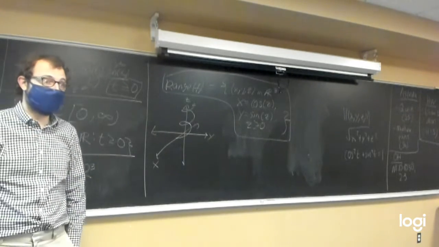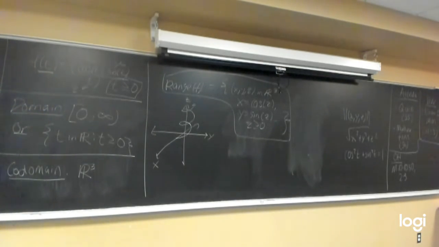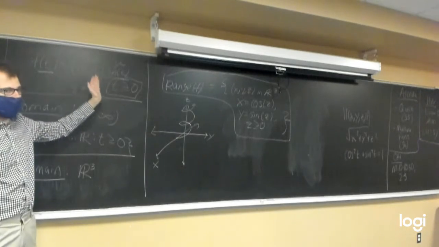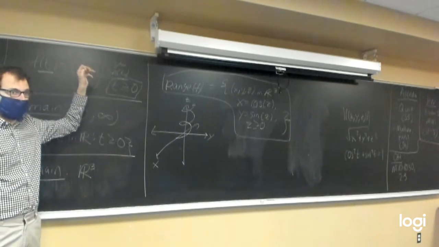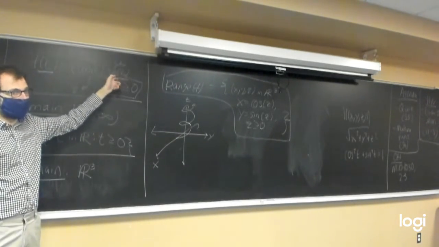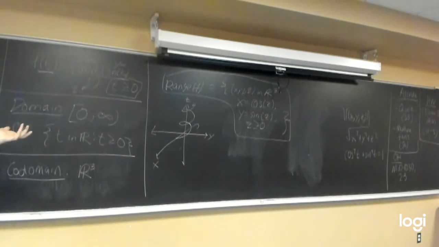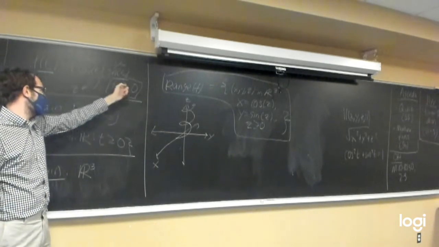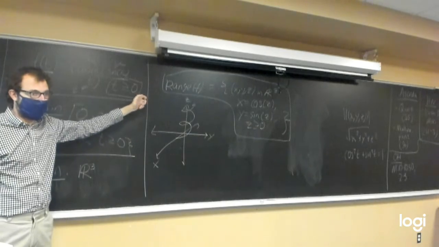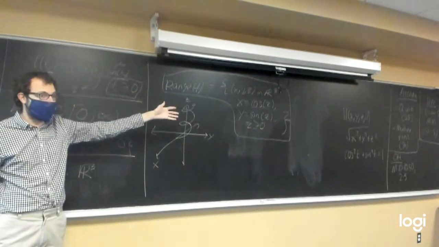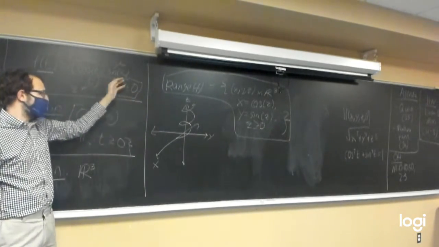How did we know that? What are certain conditions or criteria that tell us when we're done? Basically, how do you know you're done? You have to encapsulate every single piece of information that you can squeeze out of what the function says. So here, we know we needed z greater than or equal to 0 because of this condition. But once we've written z greater than or equal to 0, we don't need this anymore.